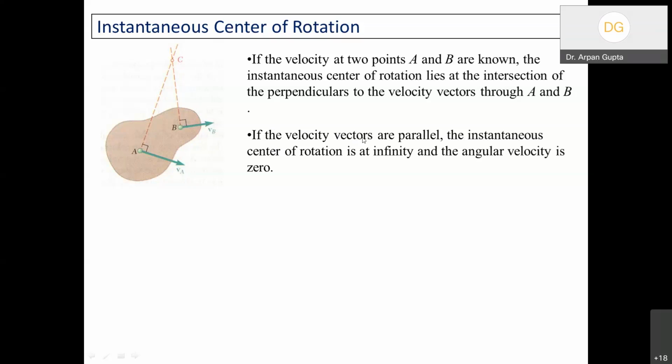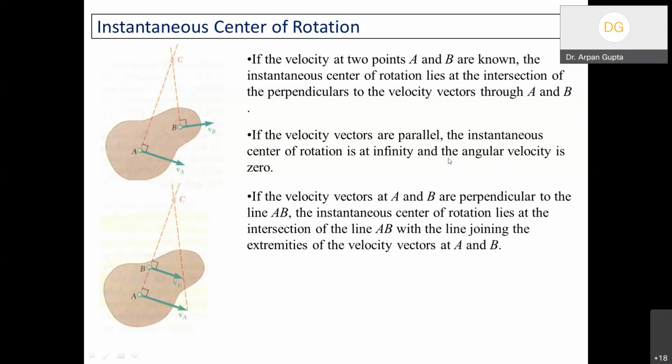Now, if the velocity vectors happen to be parallel, right? If these are parallel, then the instantaneous center is at infinity and angular velocity is 0. And if the velocity vectors at A and B are perpendicular to the line AB, the instantaneous center of rotation lies at the intersection of line AB with the line joining the extremities of the velocity vectors at A and B. Right.